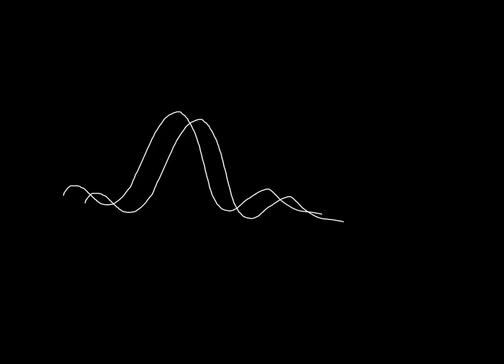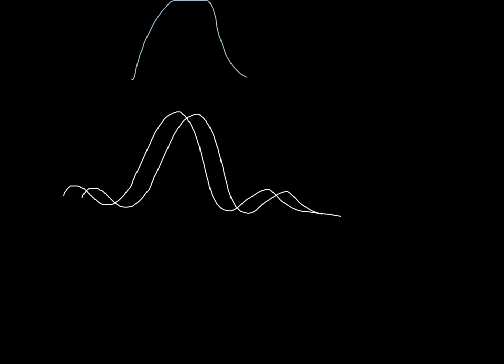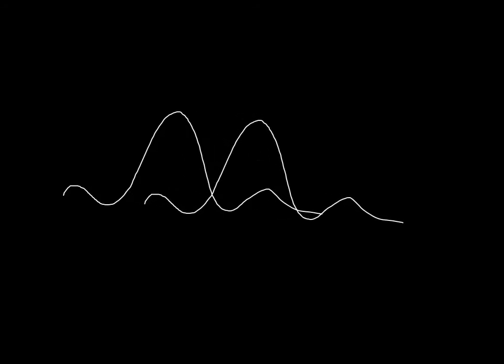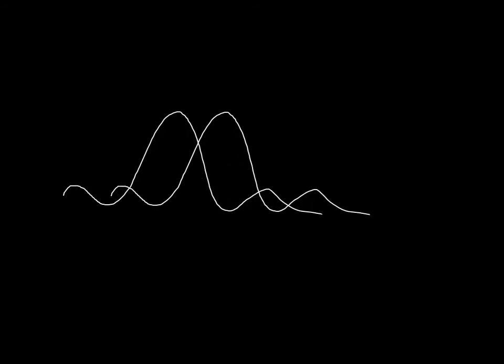Now, if these 2 things are like that, we're not going to be able to distinguish between these 2 points, because we're actually going to have a blur, right? We're going to have something like this. Okay? So this doesn't work. However, if these things are a little bit further away, let's say this far away, then we may be able to tell them apart.